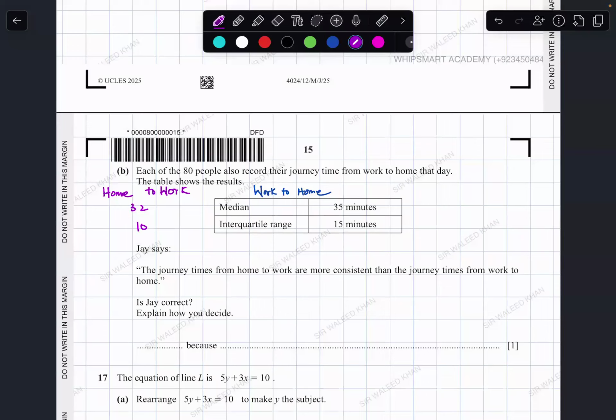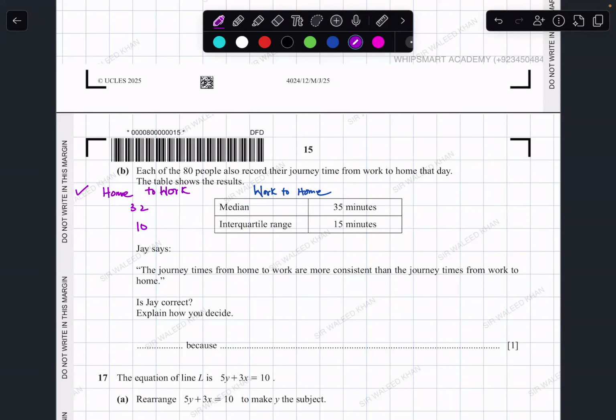Now, the journey time from home to work are more consistent. They are saying this is more consistent. Okay. Then the journey time from work to home. Is J correct? Explain why. So whenever you have to talk about consistency, you have to see the interquartile range.